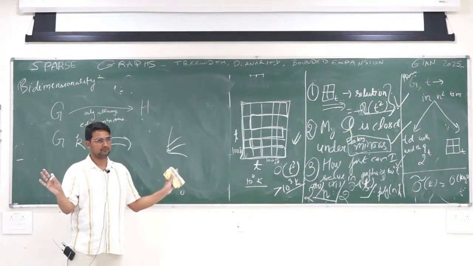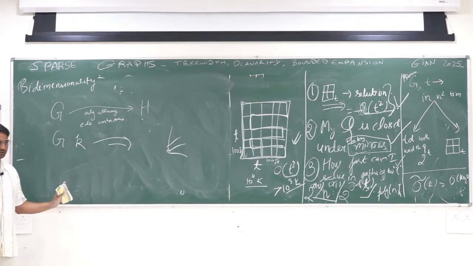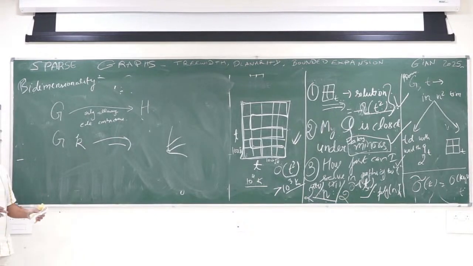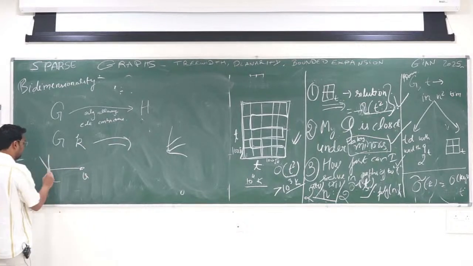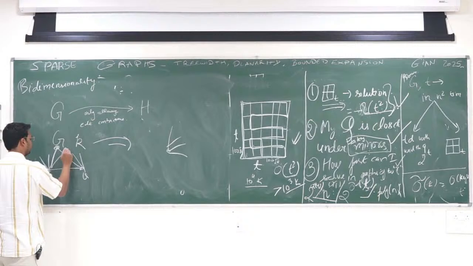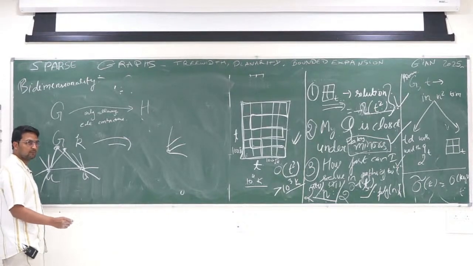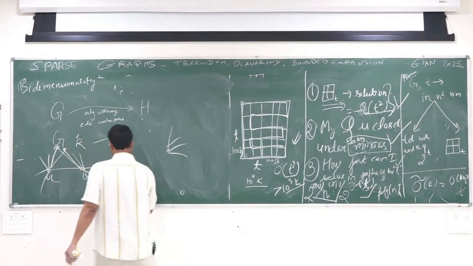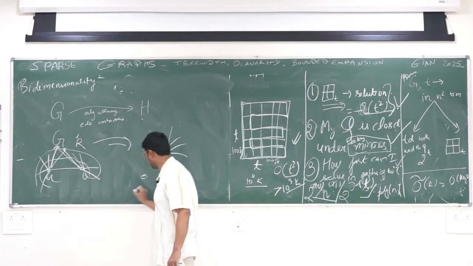Let's not go there. It will confuse more. Simple. You only allow edge contractions. We know the operation of edge contractions. I have an edge U, V. You have some neighbors, some common neighbors. What I do when I contract this edge, I make a new vertex, and everything that was in the neighborhood, I make it a neighbor of this new vertex.